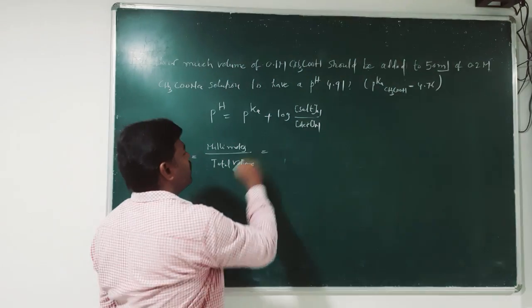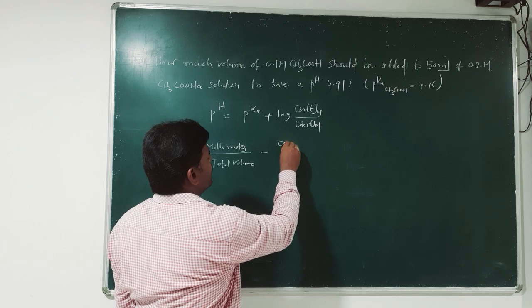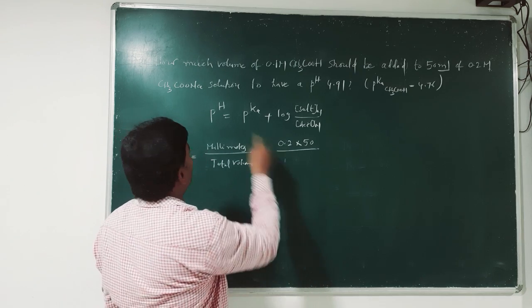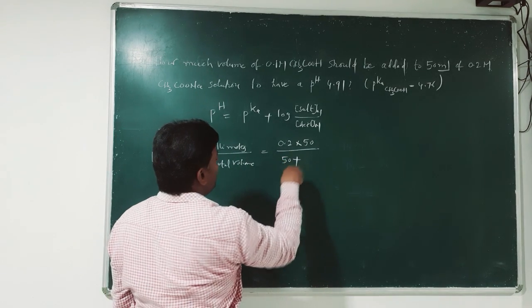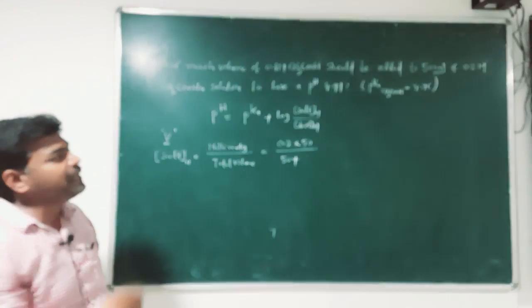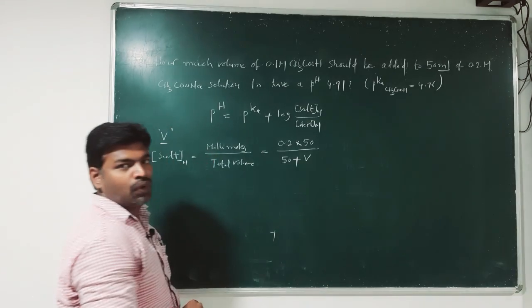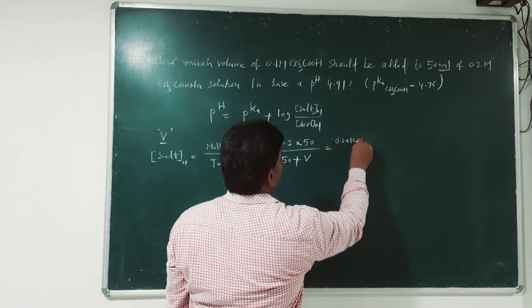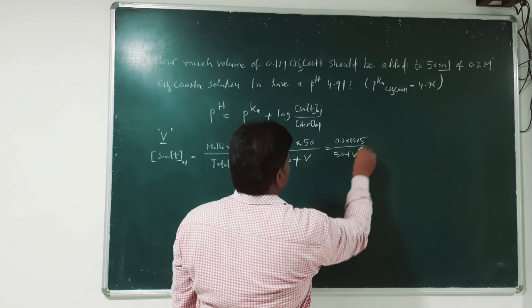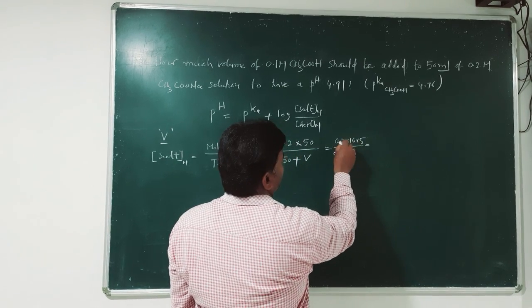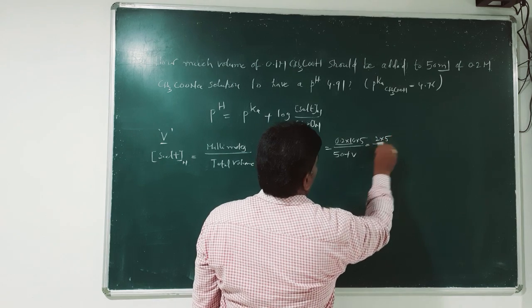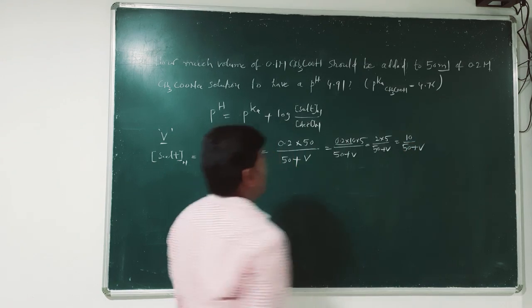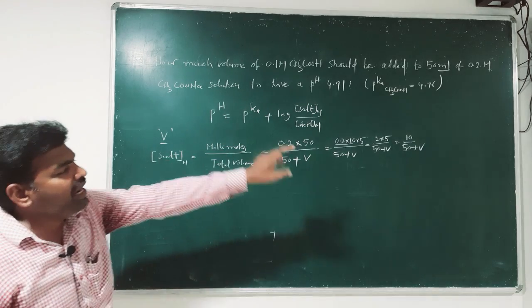Millimoles is molarity into volume, 0.2 into 50, by total volume 50 plus V. So 0.2 into 10 into 5 is 10, and the concentration of salt is 10 by 50 plus V.